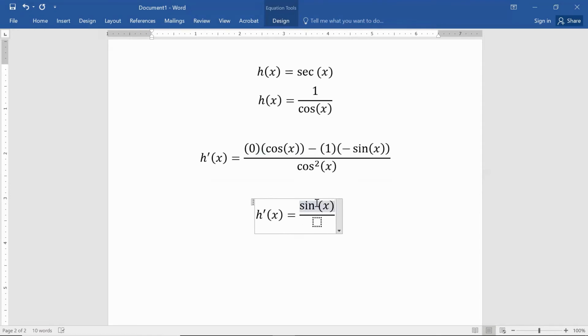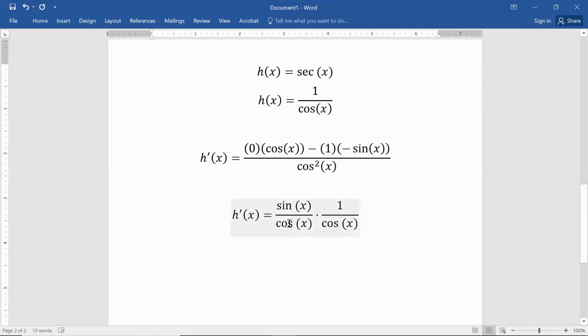And then the numerator is sine x. The denominator is going to be cosine x times another cosine x. And what I'm going to do is rewrite this into two separate expressions. I'm going to write this as sine over cosine times 1 over cosine.